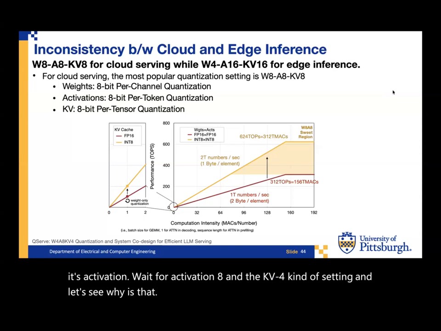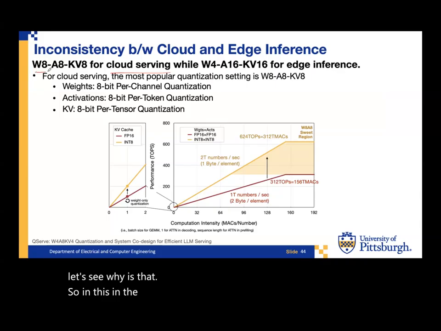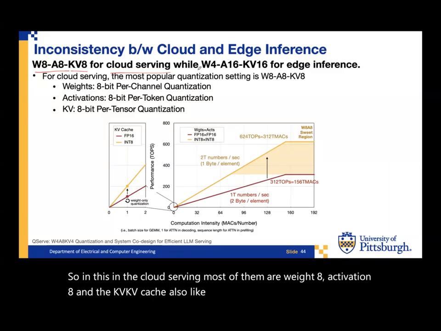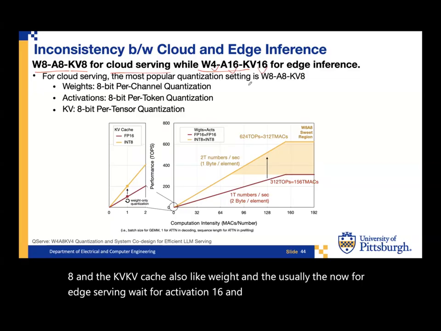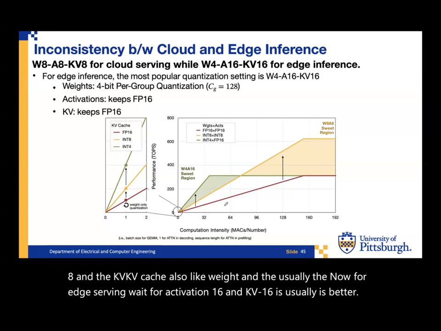In cloud serving, most of them are weight 8, activation 8, and the KV cache also 8. And usually for edge serving, weight 4, activation 16 and KV16 is usually better.